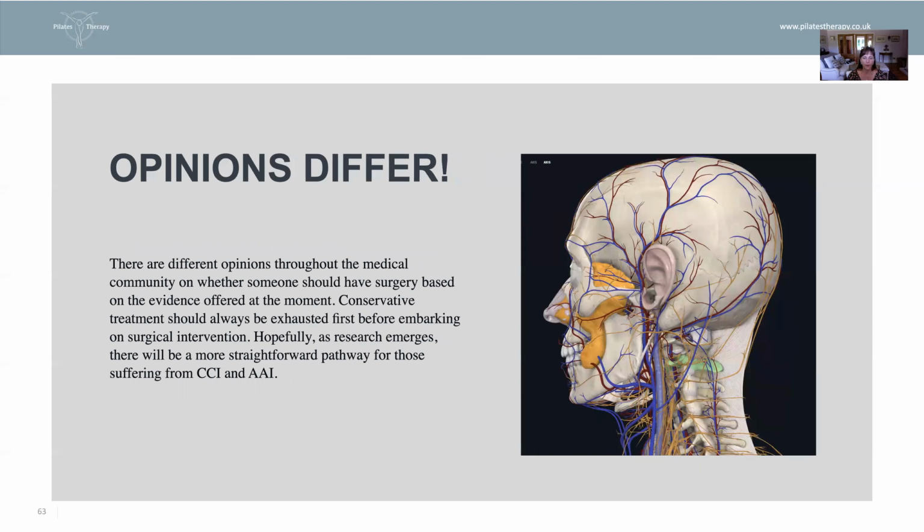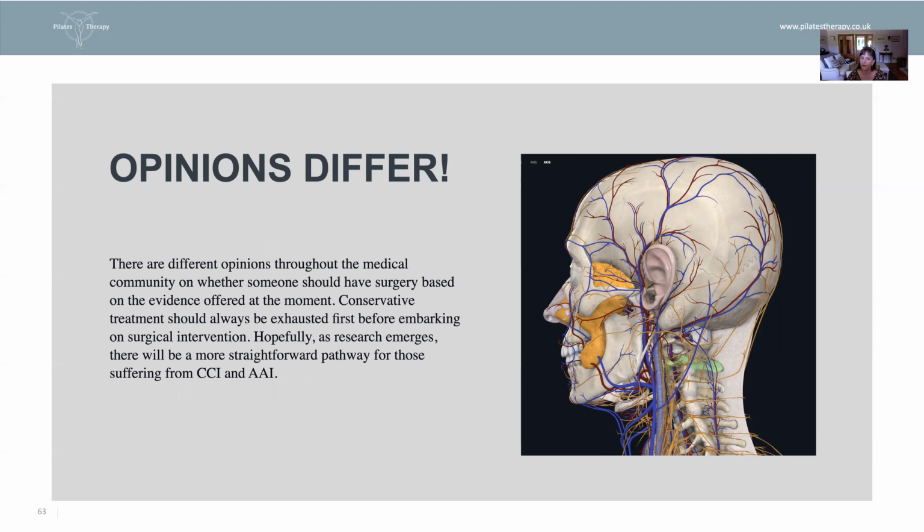So there are different opinions throughout the medical community on whether someone should have surgery based on the evidence offered at the moment. So in the UK, I don't think there's anyone doing surgery. If there is, I probably wouldn't go near them because they won't be doing a lot of surgery and it will be incredibly risky.